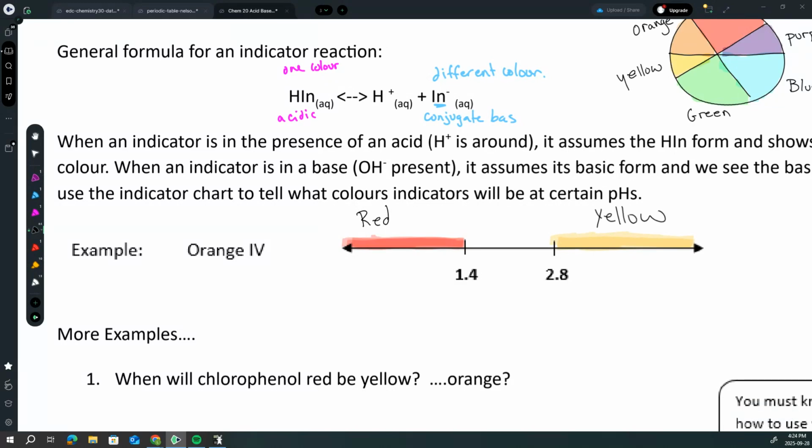Now, in between the acidic form of the indicator and the conjugate base form of the indicator, in this range of 1.4 to 2.8, we're going to have a mixture of the acidic form and the conjugate base form of the same indicator. So it's going to be the in-between color, which is going to be orange.